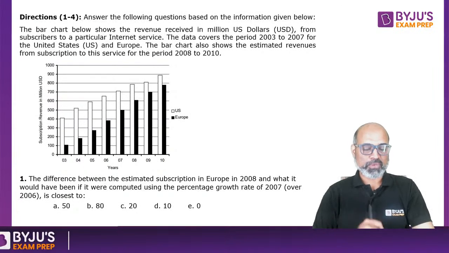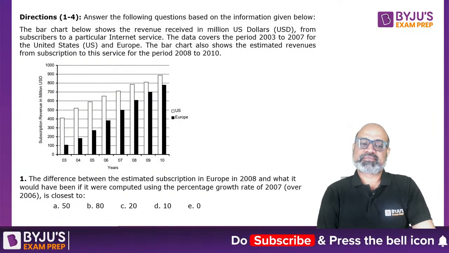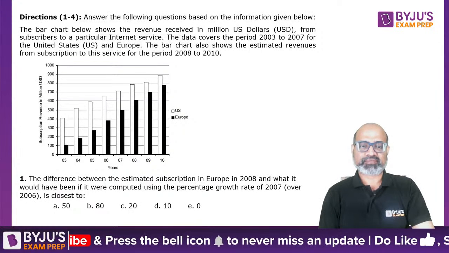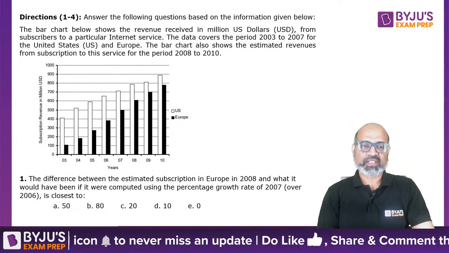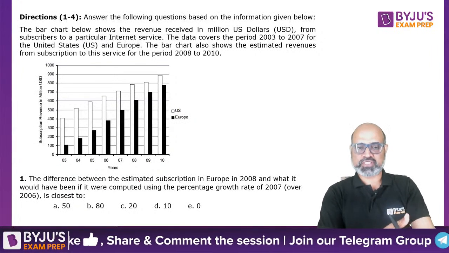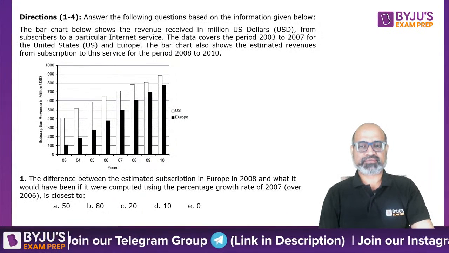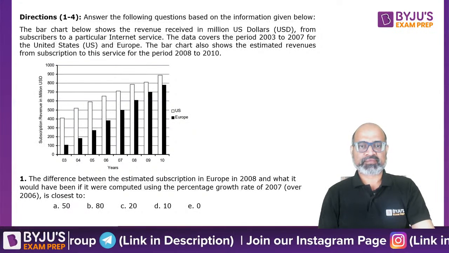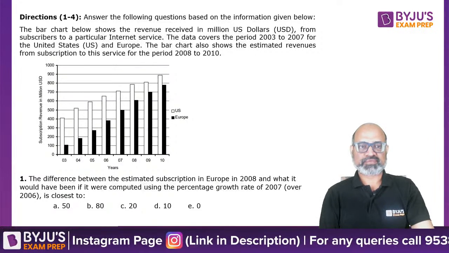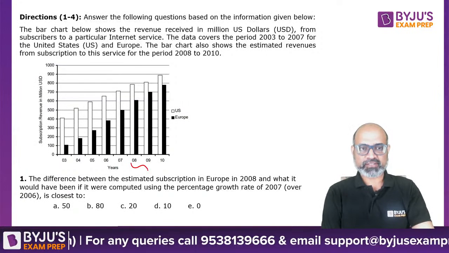So how will we go about this? Chalo, good Mohit. So how will we go about this? The years are given as 03, 04, so it's 2003 to 2010. These are estimated revenues, right?